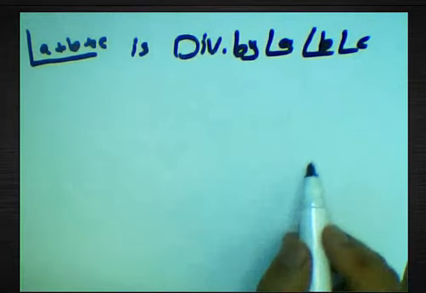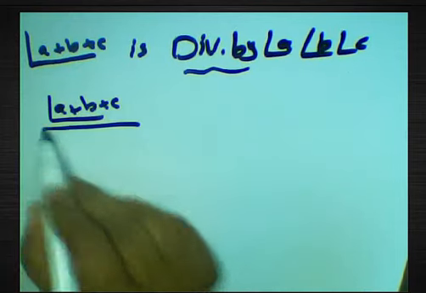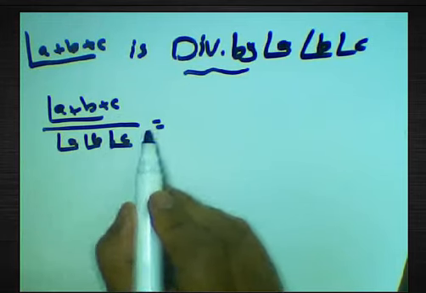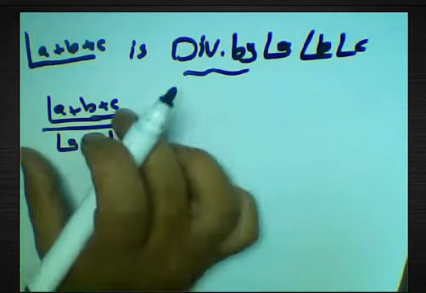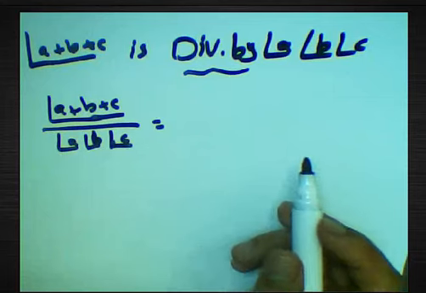Prove that factorial (a+b+c) is divisible by factorial a and factorial b and factorial c. We want to find this proof. Prove that factorial (a+b+c) is divisible by factorial a multiplied by factorial b multiplied by factorial c. We know factorial (a+b+c) over factorial a multiplied by factorial b multiplied by factorial c will be what? We can convert this factorial to combination.